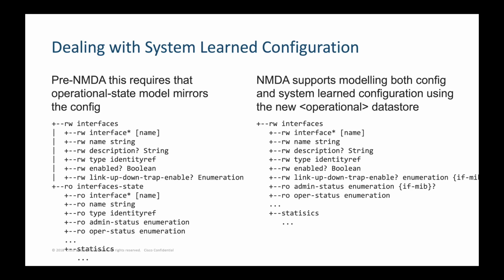Even better, devices can tag configuration data with an attribute indicating whether config data is regular config or system learned config. A consequence of NMDA is that YANG data models no longer need to keep parallel sets of information, and as we can see in these snippets, which compare the pre and post NMDA versions of the IETF interface YANG models.